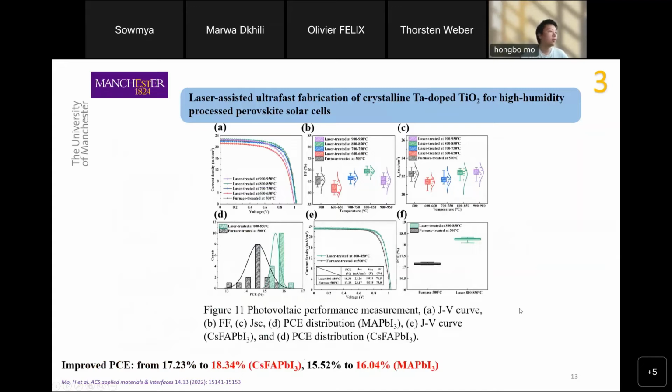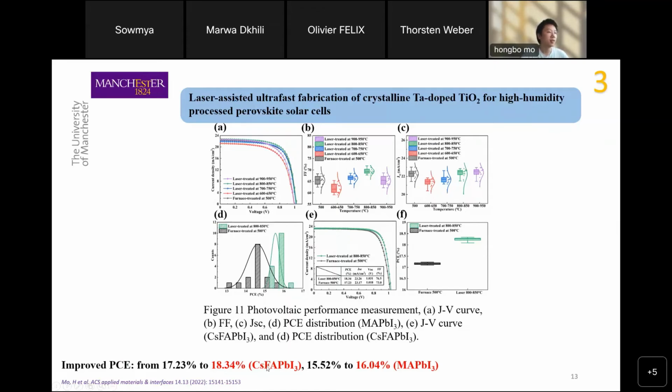And then we measured the photovoltaic performance of the devices based on the laser treated titanium dioxide and furnace treated T8 titanium dioxide. We found that the performance based on the laser treated T8 titanium dioxide is better than that of the furnace treated titanium dioxide film.